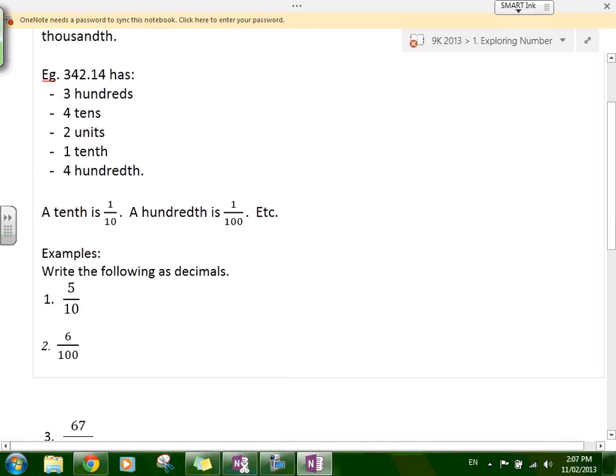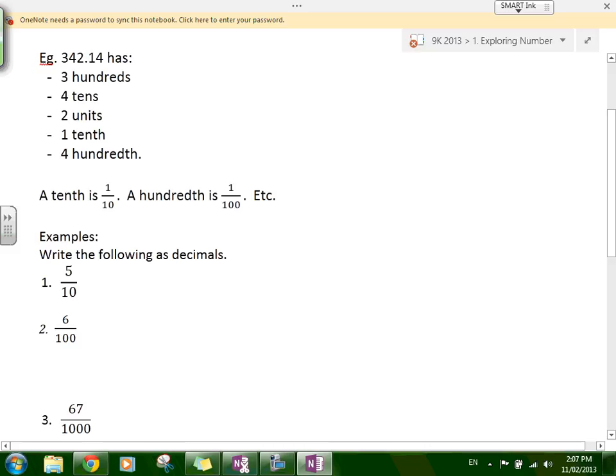Alright, so let's use a couple of examples. Write the following as decimals. 5 over 10 means 5 tenths. So the 5 has to go in the tenths column. There are no units, so 0 point, and in the tenths column it'll be 5. 0.5 is 5 over 10, which is 1 half. 6 over 100 means there are 6 hundredths, a 6 in the hundredths column, which is 1 over 100.